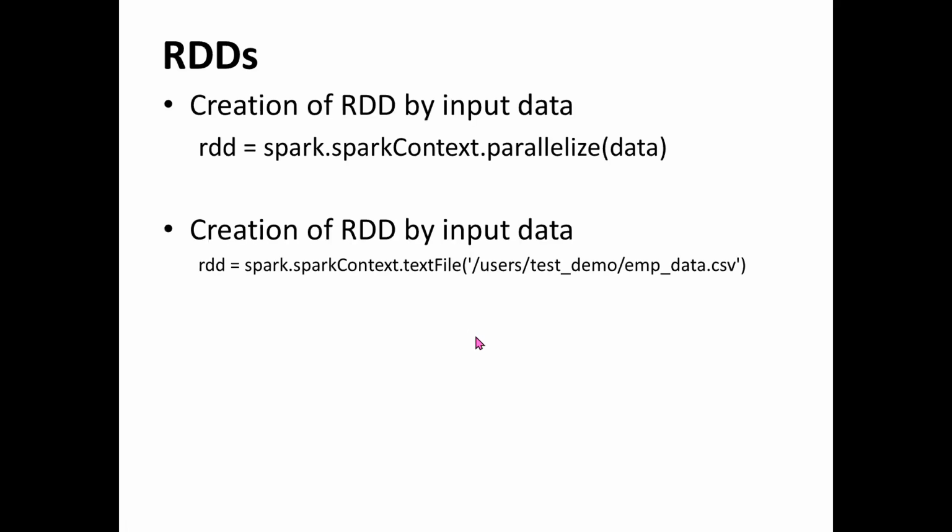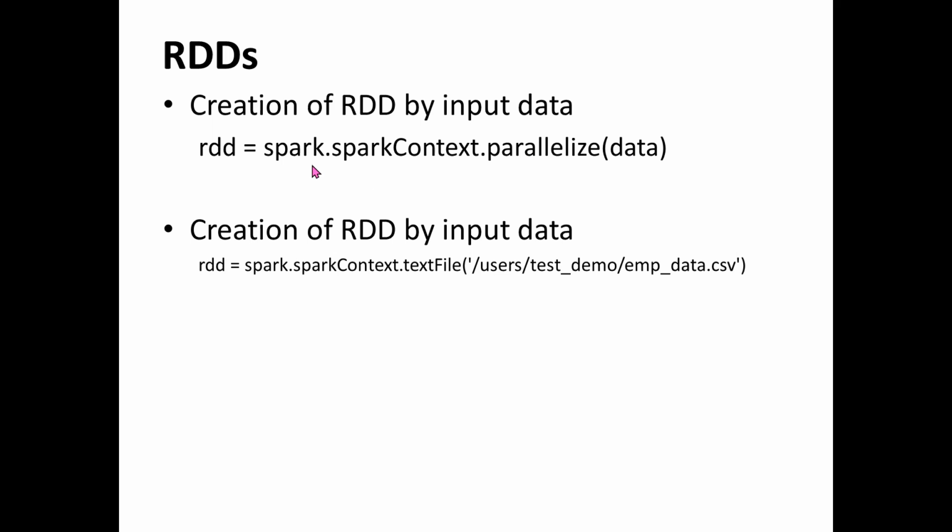All right. So now we know what an RDD is and when to create it. So what are the different ways to create an RDD? RDDs can be created from input data, right? That's what we discussed as part of data frame. A data frame can also be created from input data, and also can be created from a file, right? Similarly, an RDD can also be created using input data, and you will pass the data as a parameter, right?